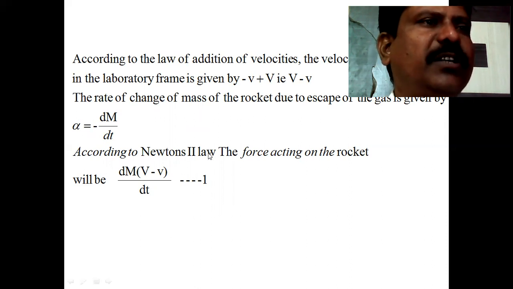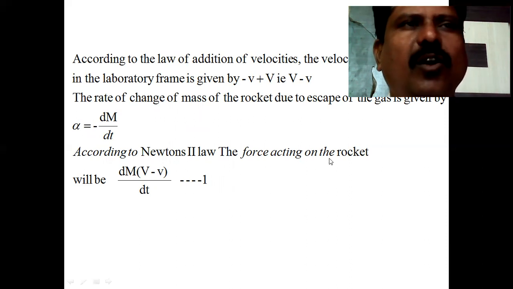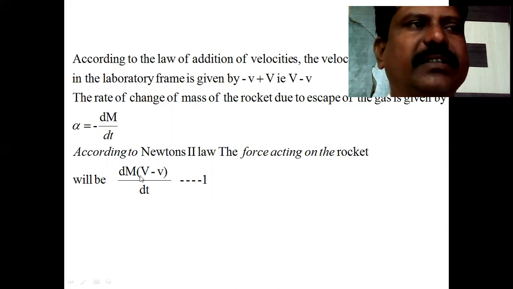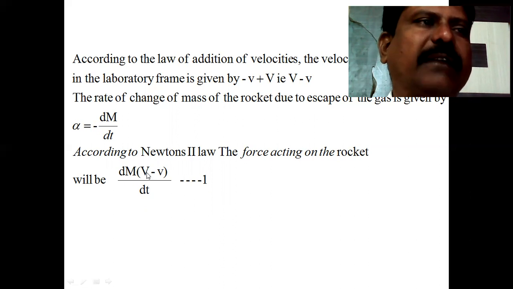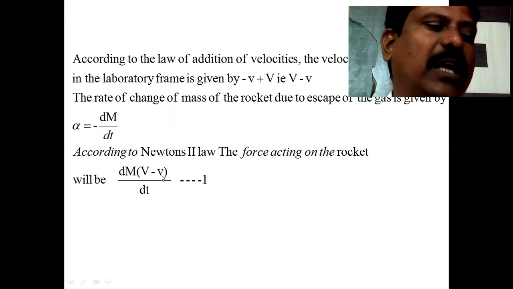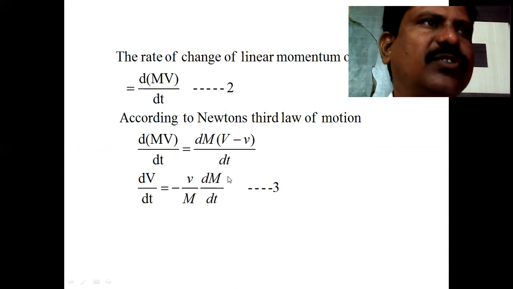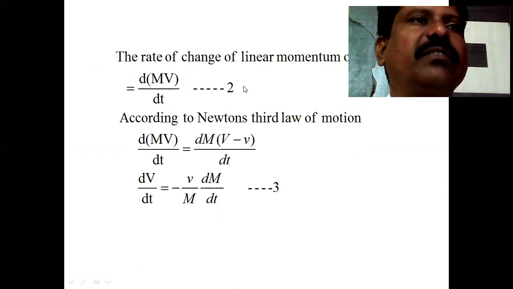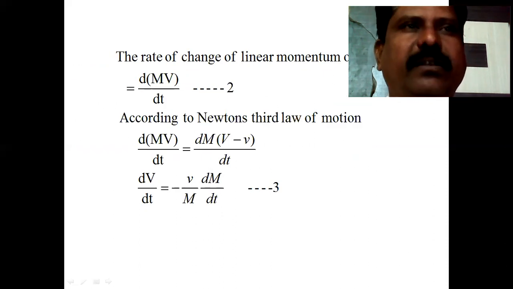Then, according to Newton's second law of motion, the force acting on the rocket is given by dm by dt into (capital V minus small v). This is the amount of force acting on the rocket. Now you have to write the rate of change of linear momentum of the rocket.